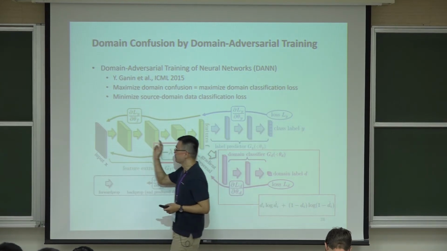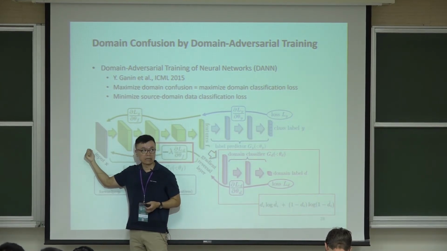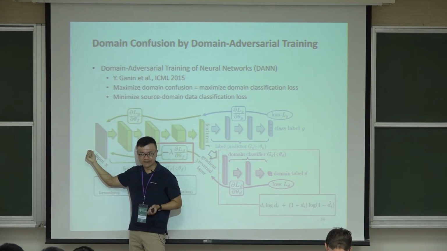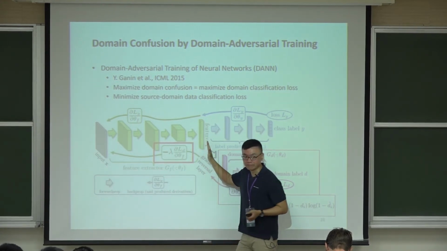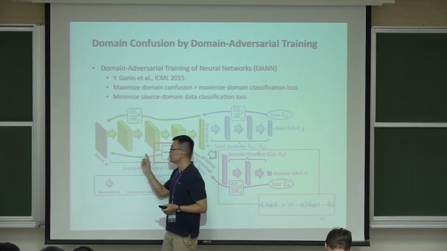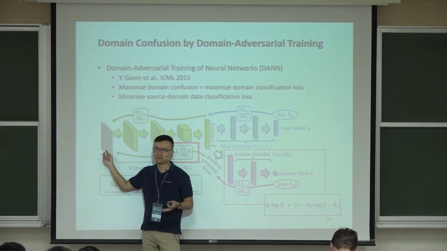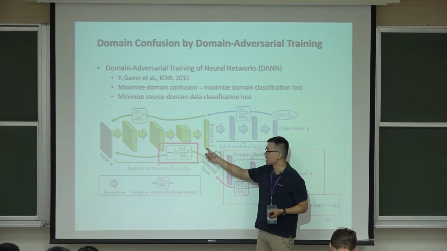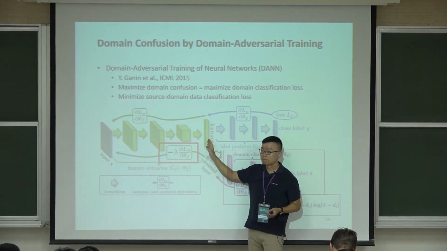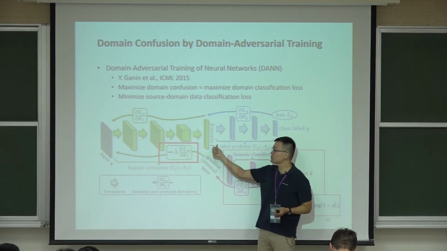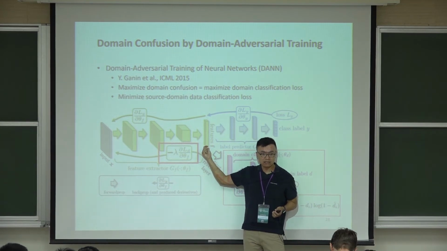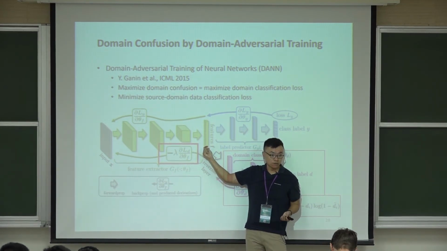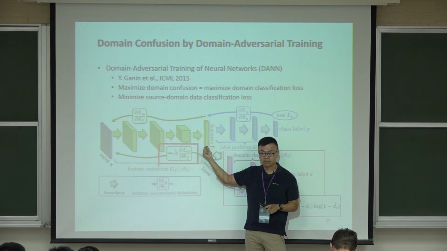Because if you have the computers captured by the cameras, you reach here. But eventually, you want to recognize the computer images from online, the target domain. You will also have the same type of image reach here. But you want to do recognition. So you do not want to see any difference between source and target domain data if they are of the same type.